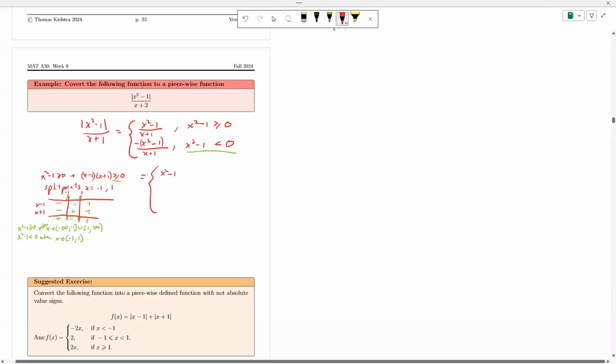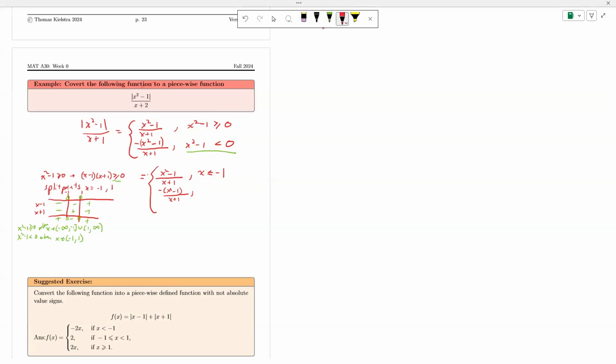So this allows me to update my function. (x squared minus 1) over (x plus 2) when x is less than or equal to minus 1, minus (x squared minus 1) over (x plus 2) when minus 1 is less than x, which is less than 1. And again, (x squared minus 1) over (x plus 2) when x is greater than or equal to 1.